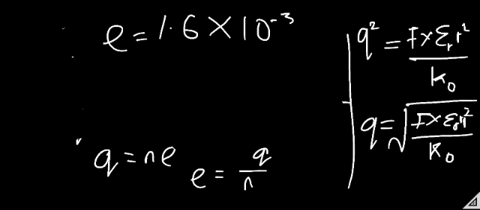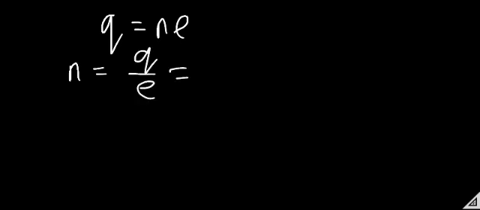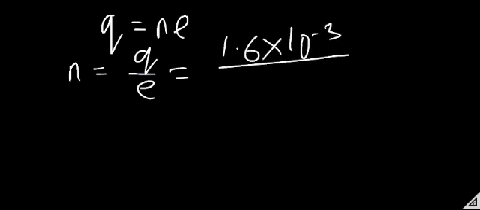Alright, so question 2 says find the number of electrons. We know that Q is equal to NE, right? Then the number of electrons, N, is equal to Q over E. And from our answer right now, we know that Q is 1.6 times 10 raised to power minus 3, and the charge of an electron is 1.6 times 10 raised to power minus 19, right?